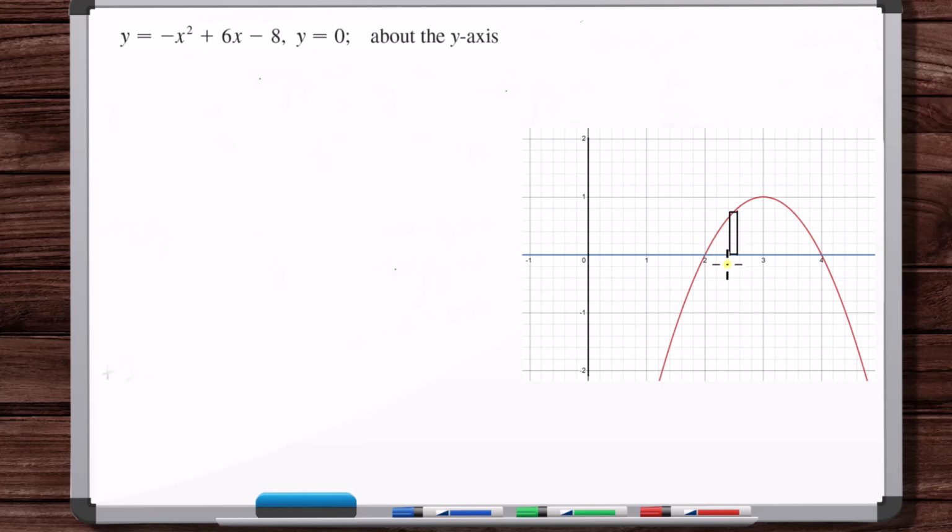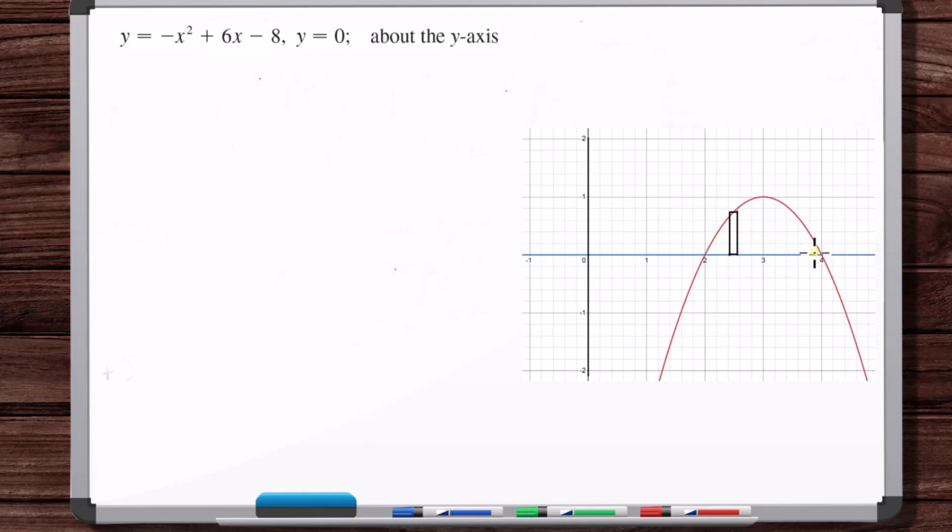It made no difference whether that happened to be associated with the cylindrical shell or disc washer method. We were strictly just saying which axis we're going to treat as the independent variable, which makes it simpler to determine the rectangle. That's what the analysis was about.